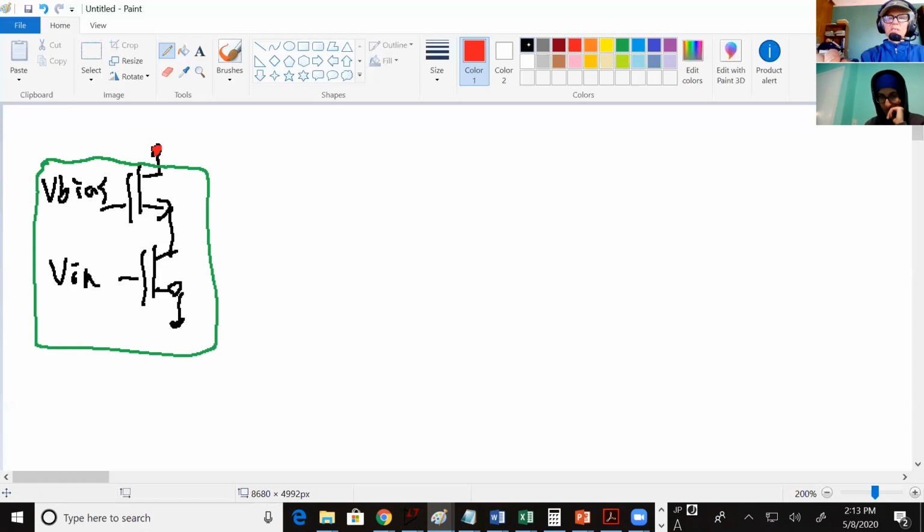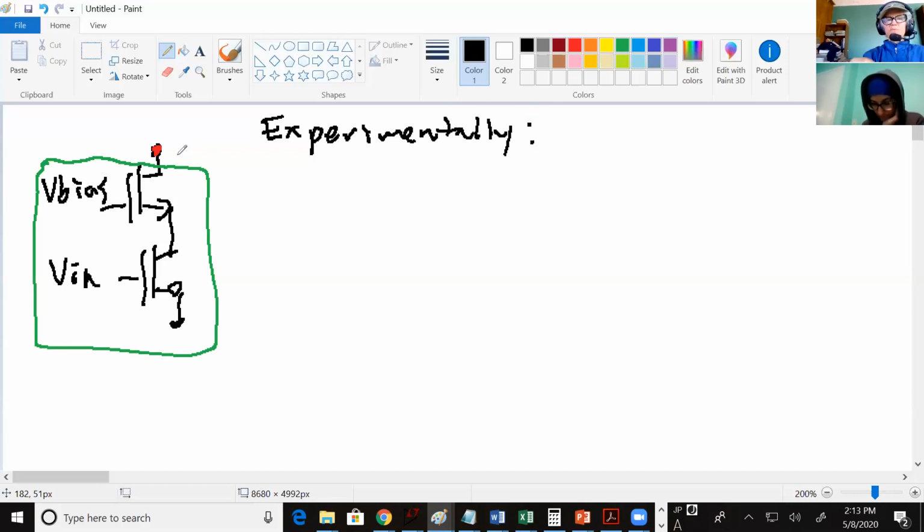And there are two ways you can find it. You can find it experimentally, which is what you do in lab. You change the voltage and watch how much the current changes. So it's observational.